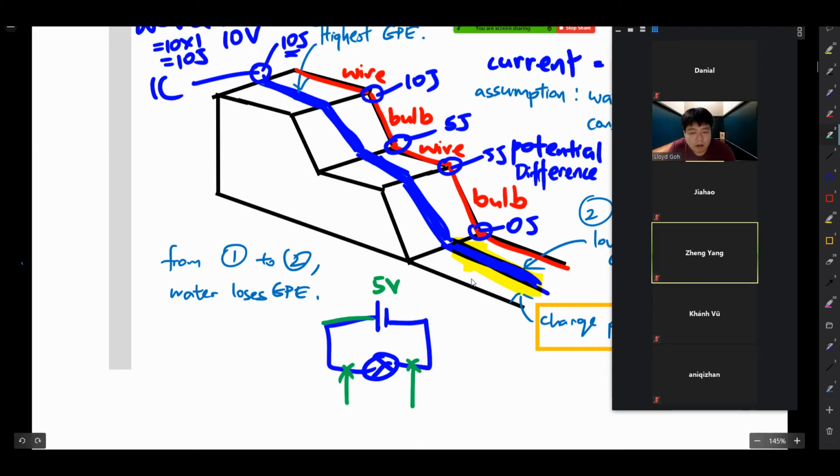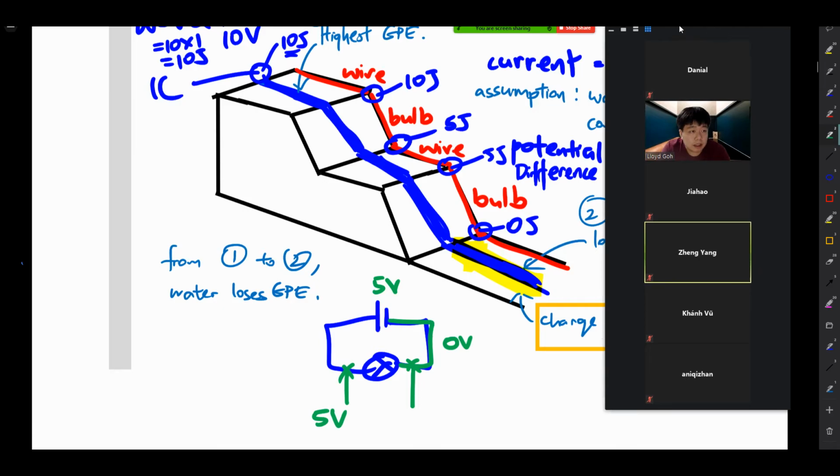So along here, the potential is 5 volts, because the charges are just moving along flat ground. They have no change in height, so the potential should be the same. Whereas the potential here should be 0 volt, because the energy is being used already.